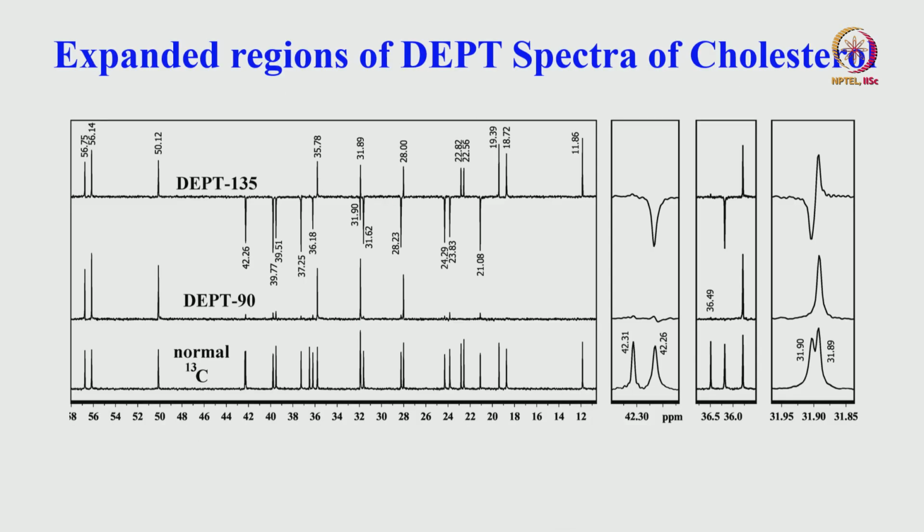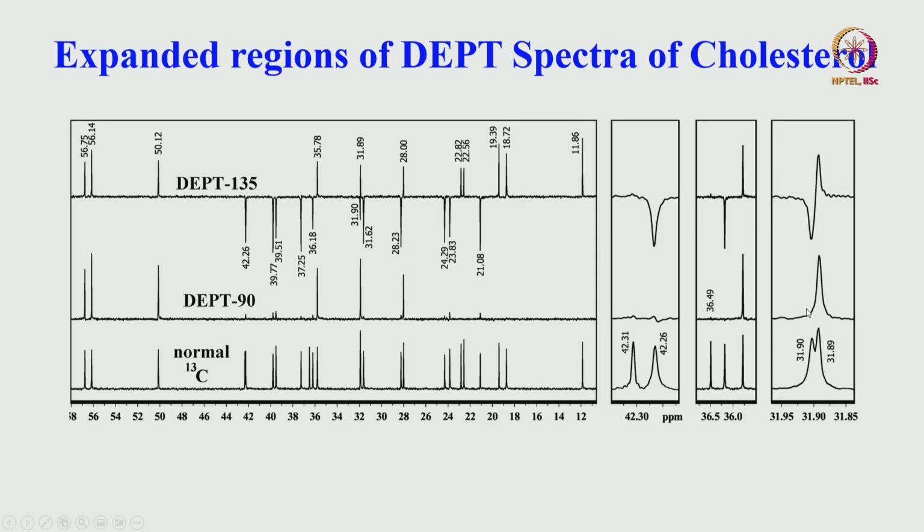The expanded region of that, if I show, you will clearly appreciate the importance of this. Look at this one here. Here there are 2 carbons, one is positive and the other negative. This must be CH2, this could be CH. Here look at it very closely and you will not find the difference, especially here. See, one is positive, other negative, one is CH3, other could be CH2. So, you will not be able to make this out if you look at the region of chemical shift; you will say it could be CH3 or it could be CH2.